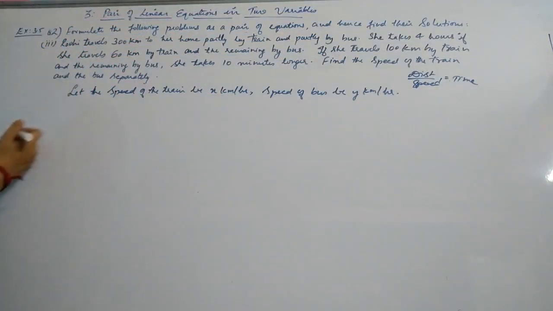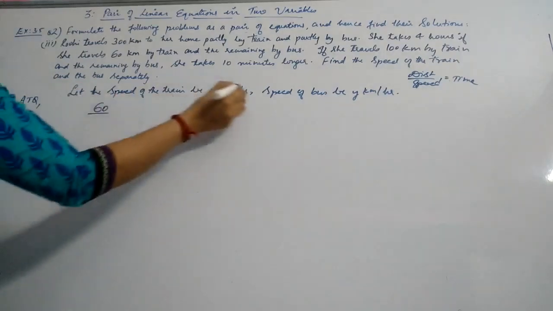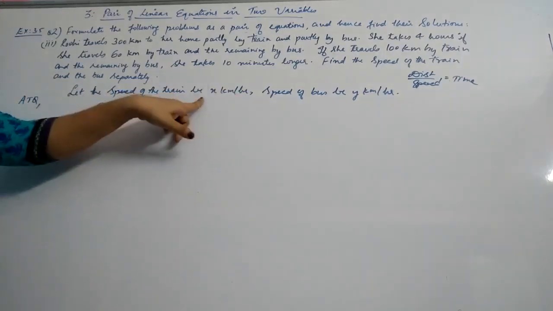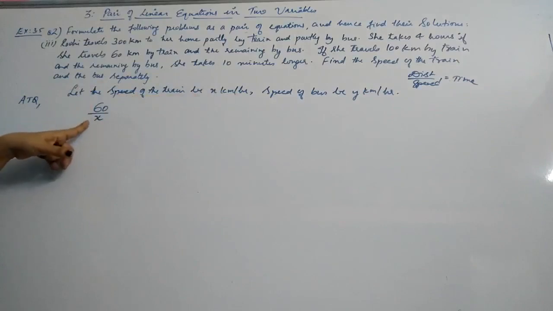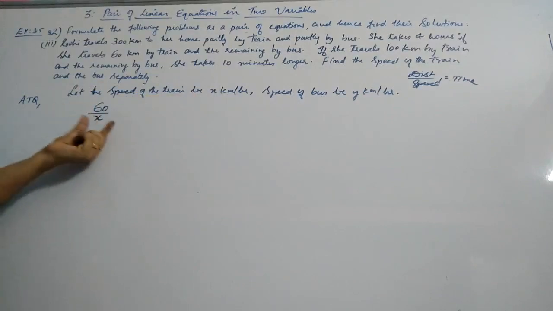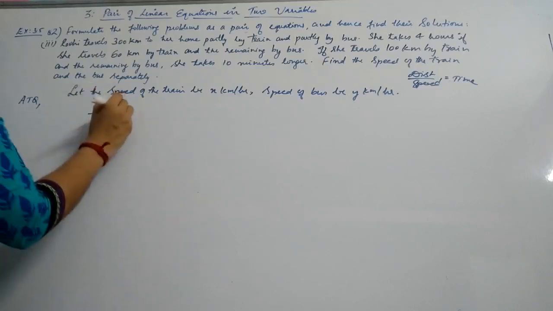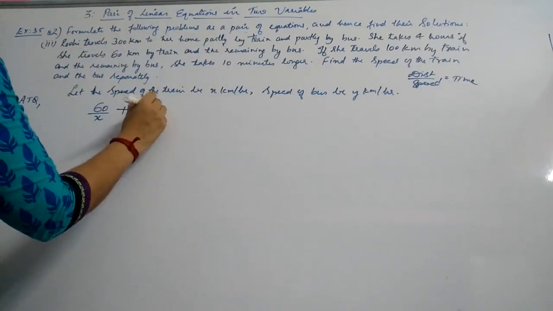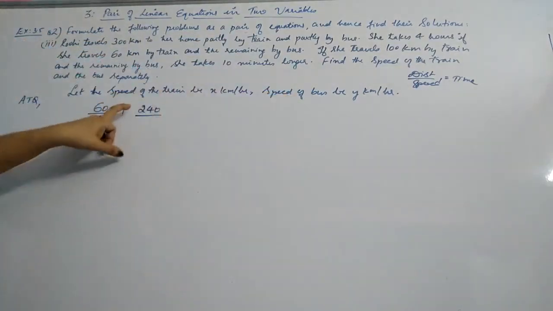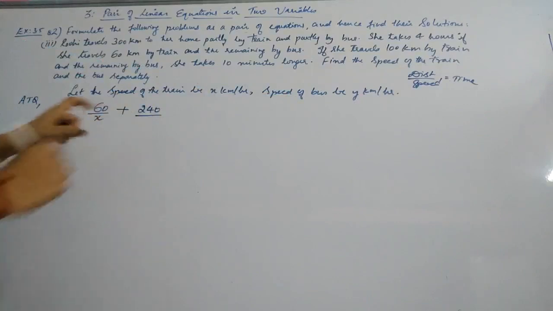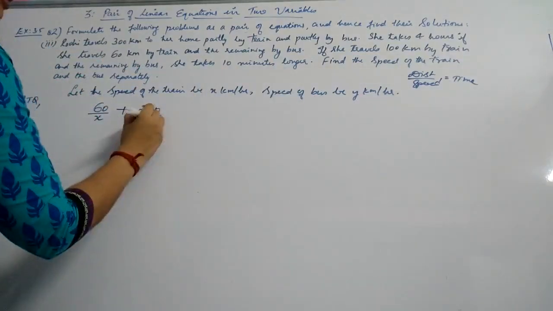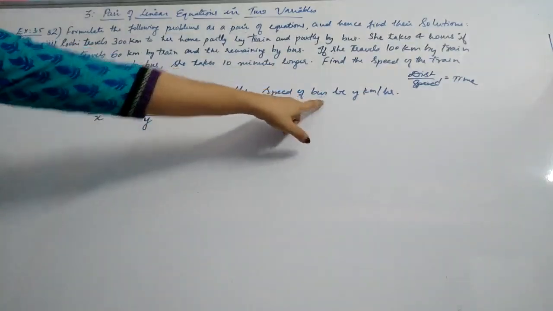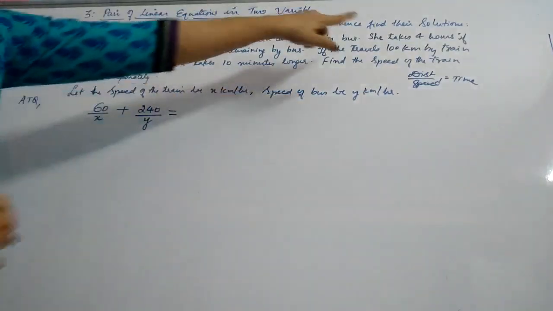So according to the question, we will get the equation as 60 divided by x, the time taken by Ruhi to travel by train, plus 240, which is 300 minus 60, divided by y, the speed of the bus, and the total time is 4 hours.